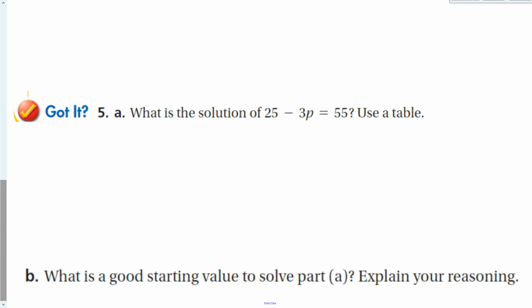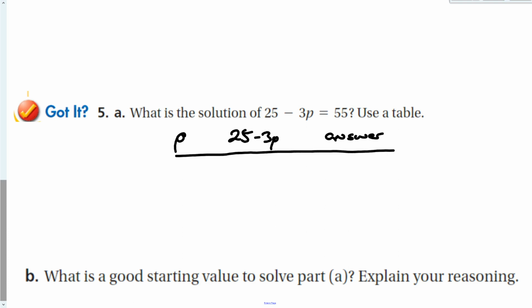Okay, let's look at this guided problem right here. What is the solution of 25 minus 3p is equal to 55? And we're going to use a table again. So let's get p, let's get 25 minus 3p, and then my answer. Okay, and let's start by plugging in a 0.